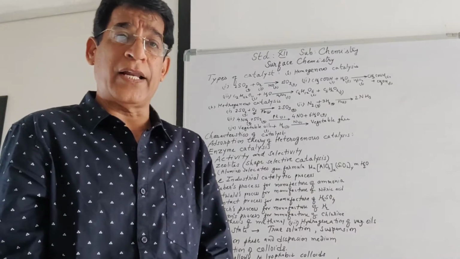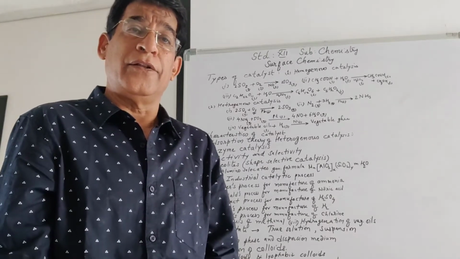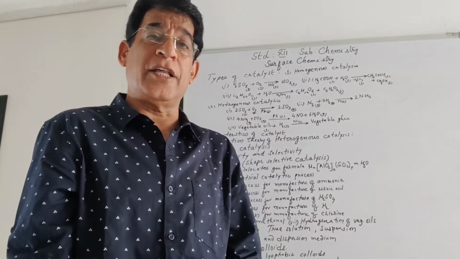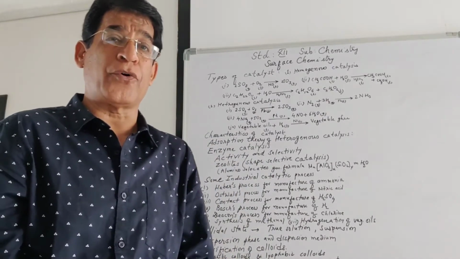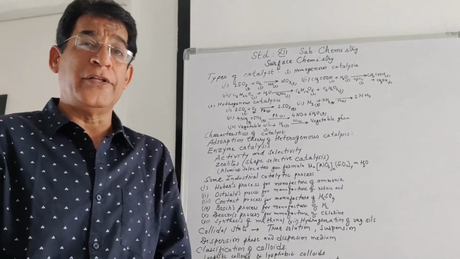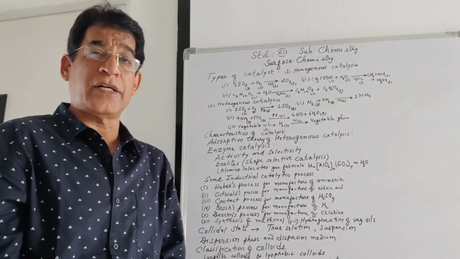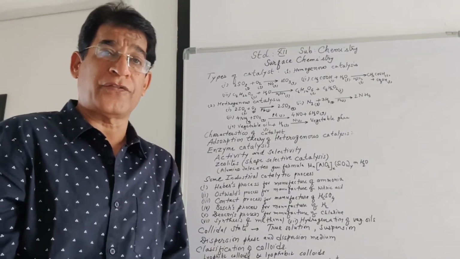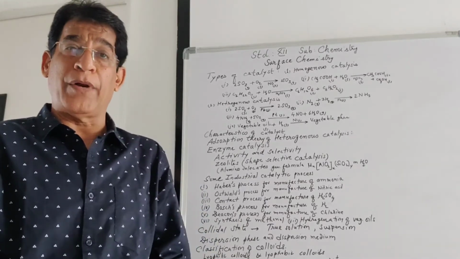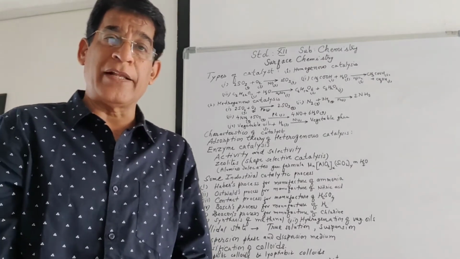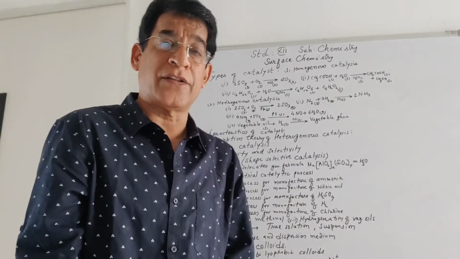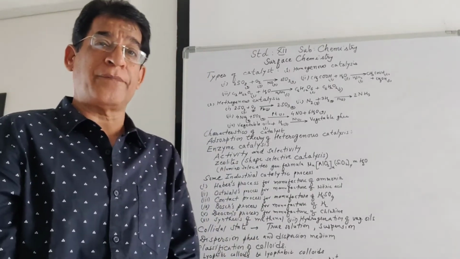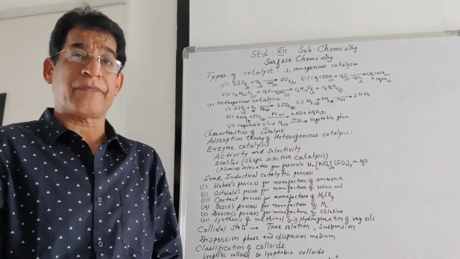They catalyze numerous reactions, especially those connected with natural processes. Numerous reactions occur in the bodies of animals and plants to maintain the life process. These reactions are catalyzed by enzymes.